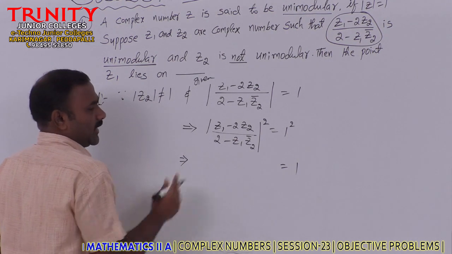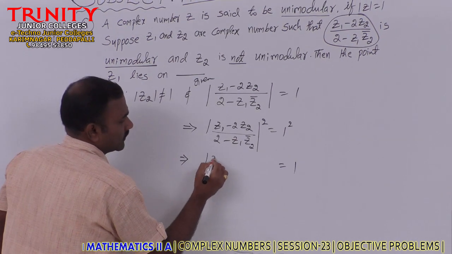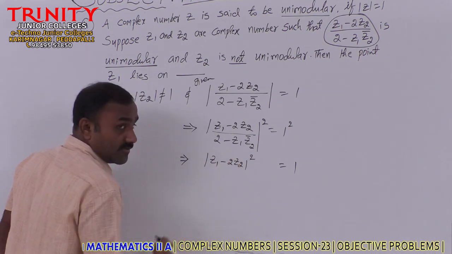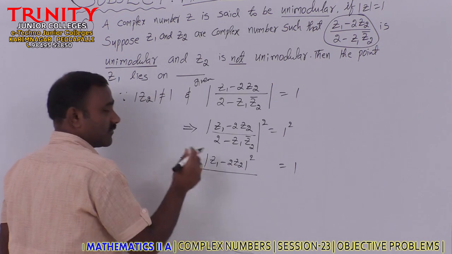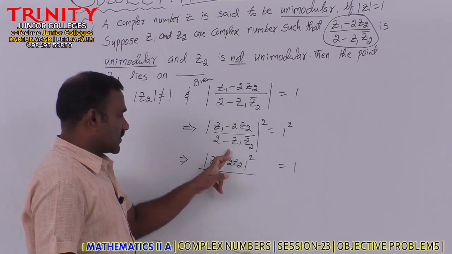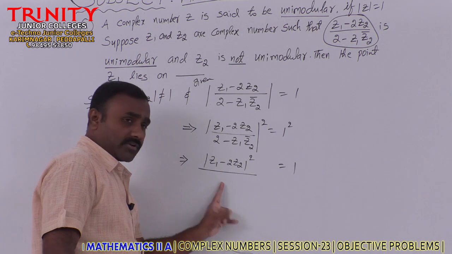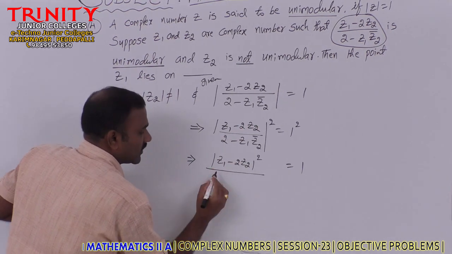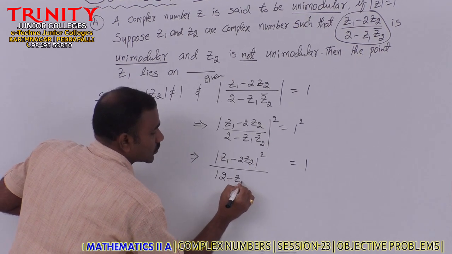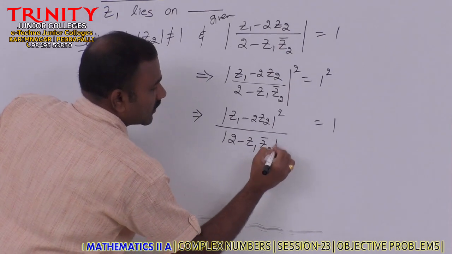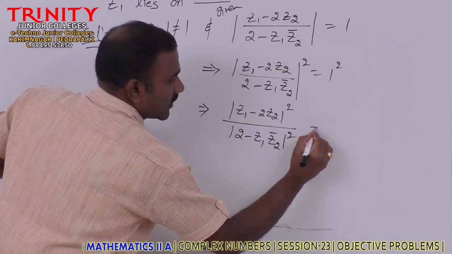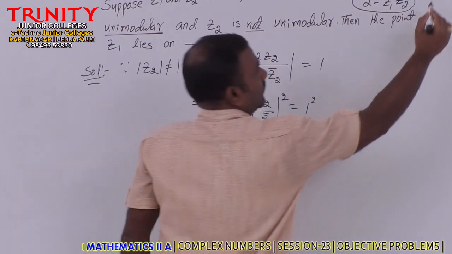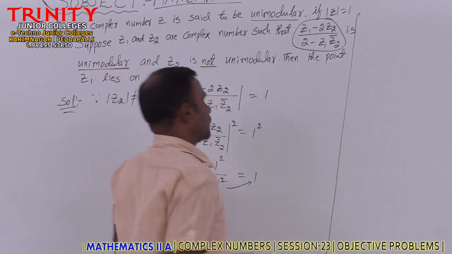Now, can I write this as mod z1 minus 2z2 whole square divided by mod 2 minus z1 z2 bar whole square? Yes, because we have the property that modulus of z1 by z2 is mod z1 divided by mod z2. This is equivalent to 1. Now go for cross multiplication.